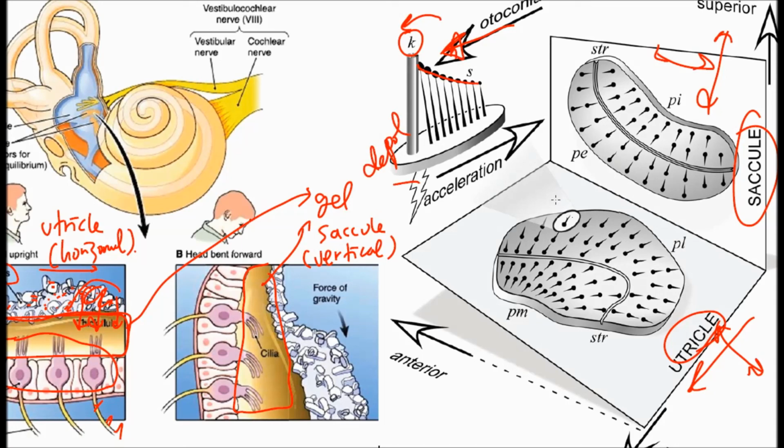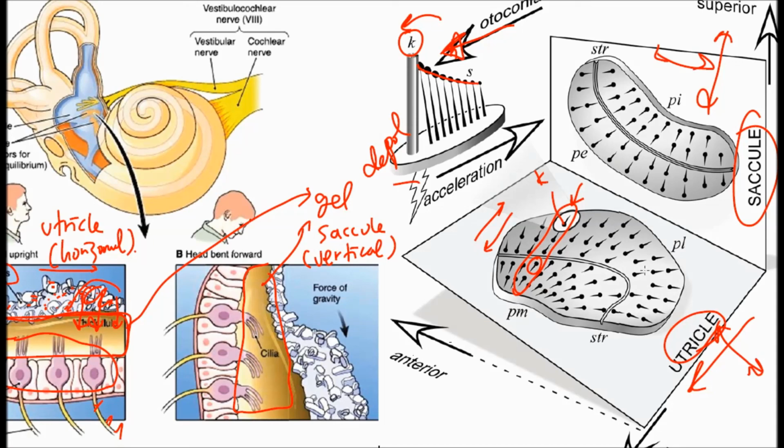And this diagram shows the dot indicates kinocilium, and the rest of the line shows the alignment of the stereocilia. So for this particular hair cell, if you move this way, this hair cell will be activated, but this hair cell will be deactivated. So by this arrangement, there are two opposite arrangements similar to the functional pair in the semicircular canal. One can appreciate the direction, whether it's moving this way or that way.